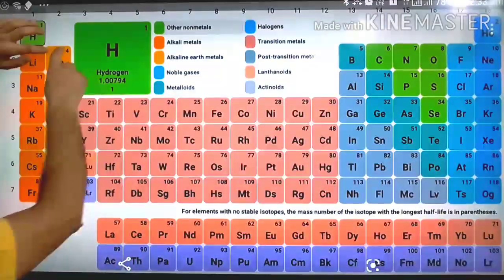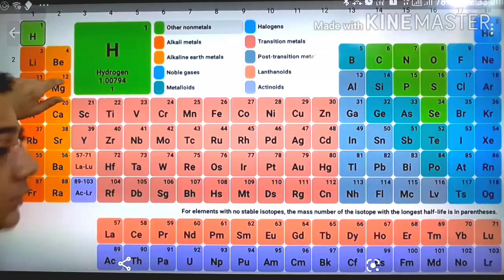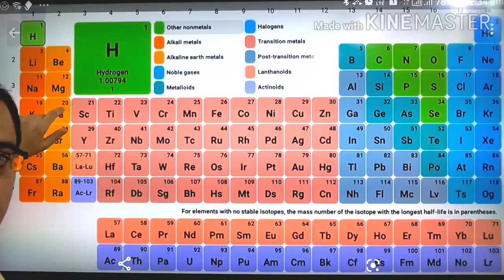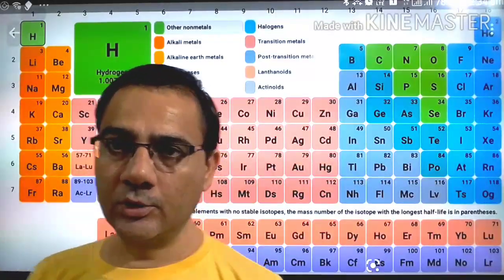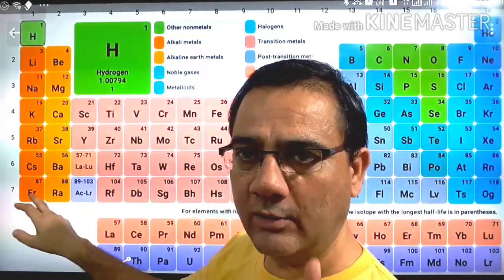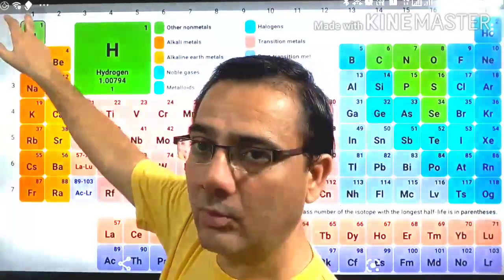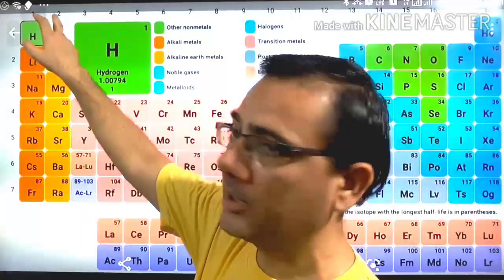And you see beryllium atomic number 4, configuration 2, 2, magnesium 12, 2, 8, 2, calcium 2, 8, 8, 2. These all elements have 2 valence electrons and their group number is also 2. So interesting thing, these elements all have valence electron 1, so they belong to group 1. These all elements have valence electron 2 and group number 2.